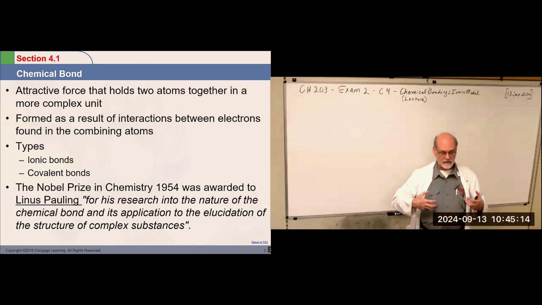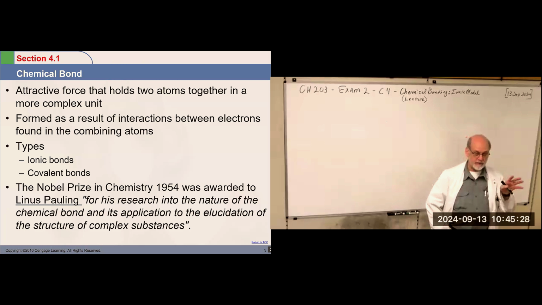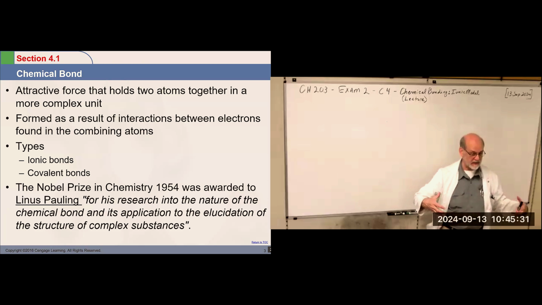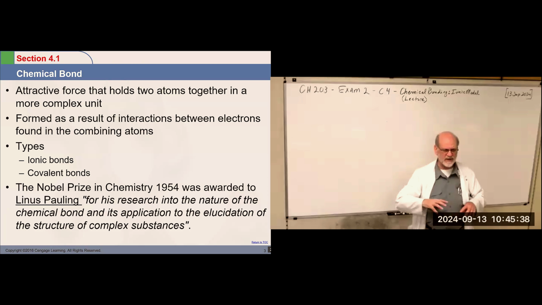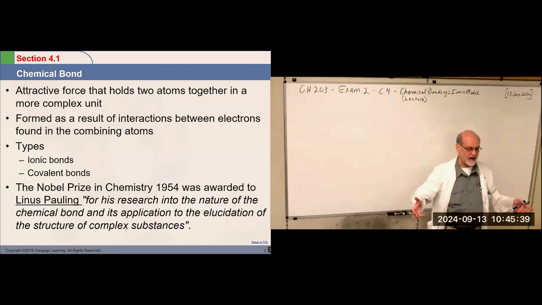So the bonding is a result of interactions between electrons of the combining atoms. Now we can subdivide those into the first type I described as an array of positive and negative charges. Those are ionic bonds that form. And ionic bonds are the easiest to understand because they're purely electrostatic. You know, negative attracts positive.